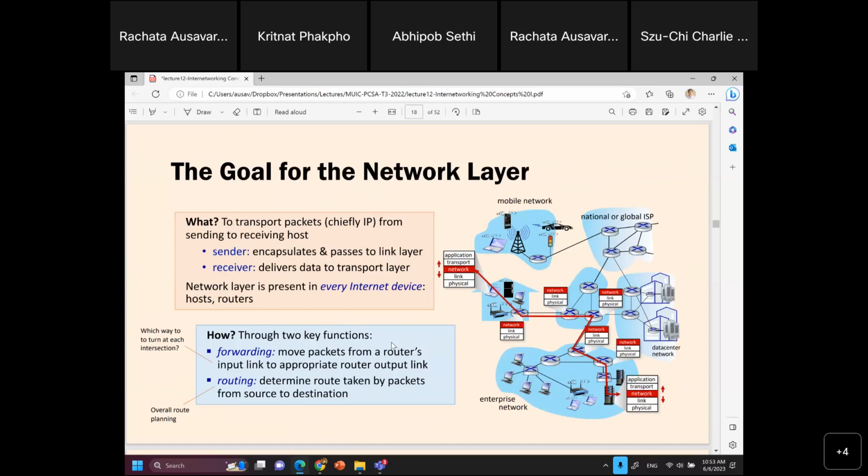Now, for the functionality to actually communicate, you need to be able to do two things. You need to know how to forward, how to move packets from the input to the correct output. It's like when you're driving and you go into the intersection. You need to know how to turn left.